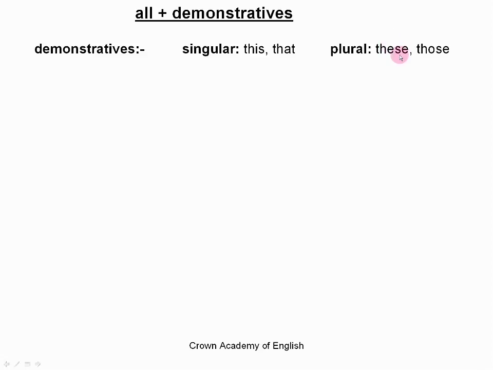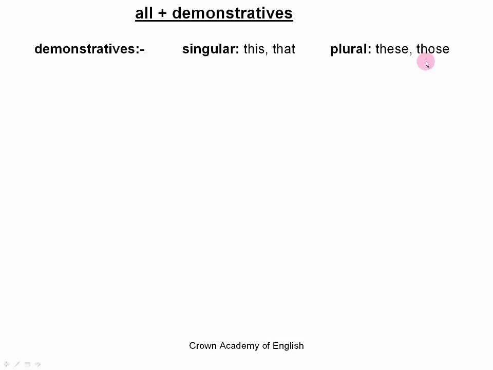Now, for this lesson, we are only interested in the plural, because all and every are only referring to nouns in the plural. So this lesson we are just looking at the words these and those.